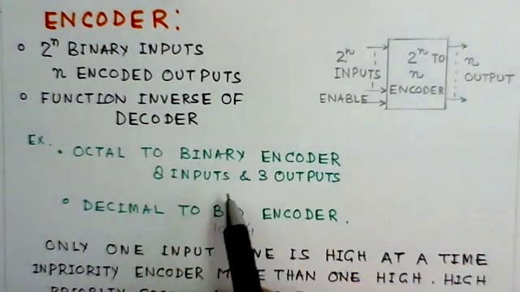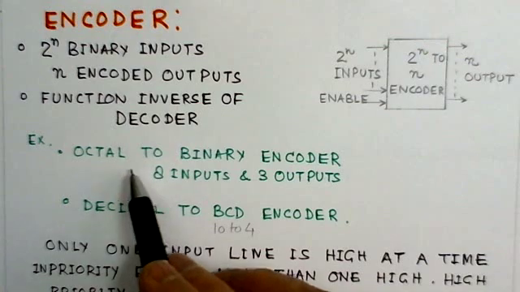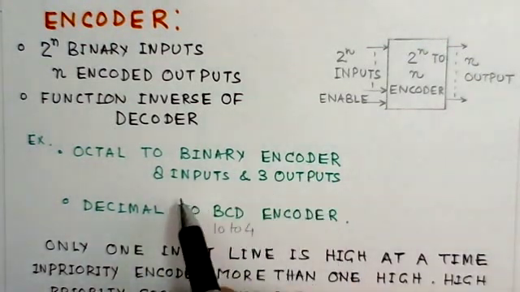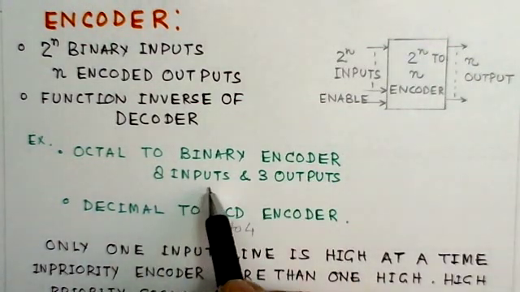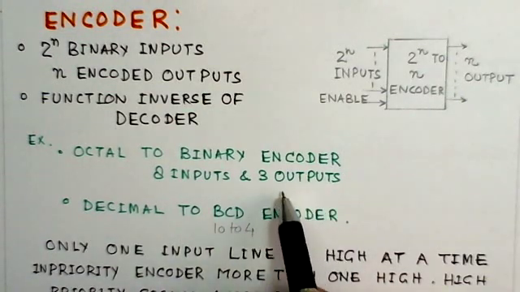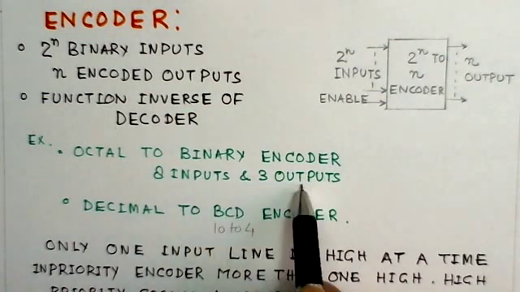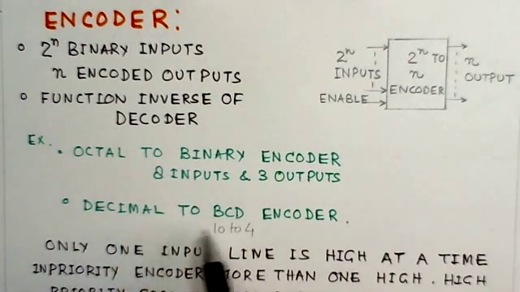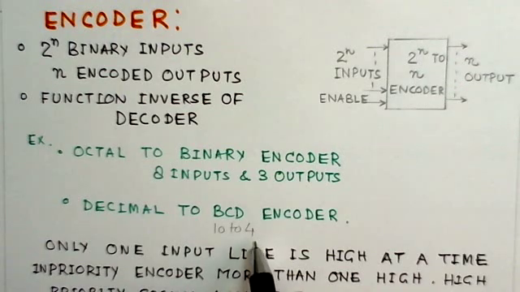So the function is the inverse of the decoder. Examples are the octal to binary encoder. Octal means it has 8 inputs, and binary 3 outputs, so an 8 to 3 encoder. Decimal to BCD: decimal would be 10 inputs, and BCD is 4 bits.